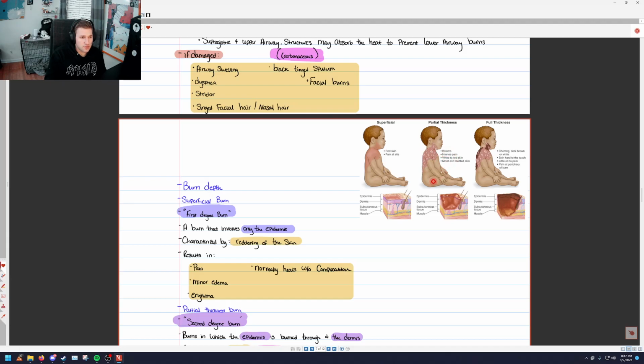It's going to be extremely painful just because of those nerve fibers. They're just directly in that area. And then where you have full thickness, it's going to be complete charring, dark brown or white in appearance. Little to no pain. Those nerves are going to be all cinched off and just not working properly.